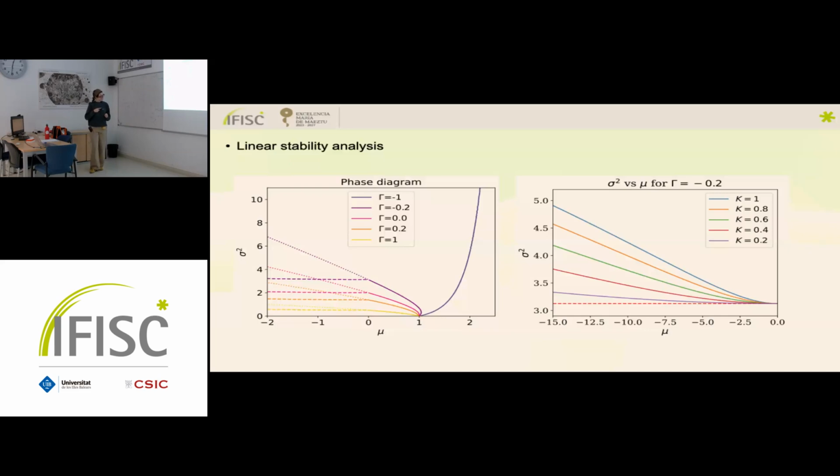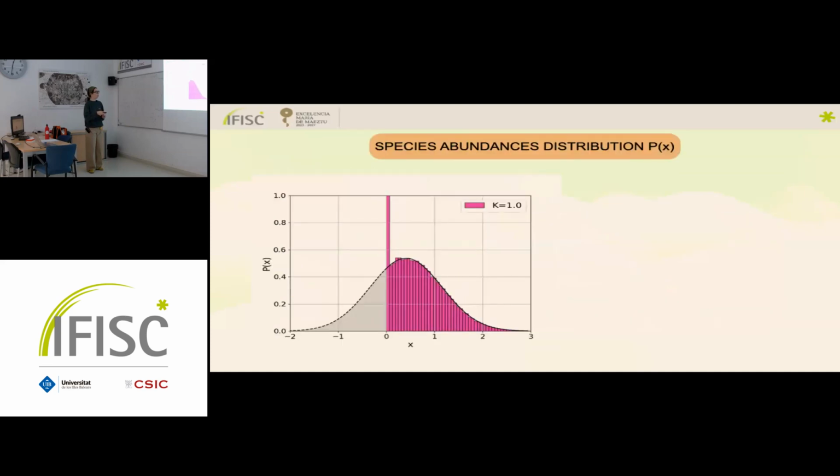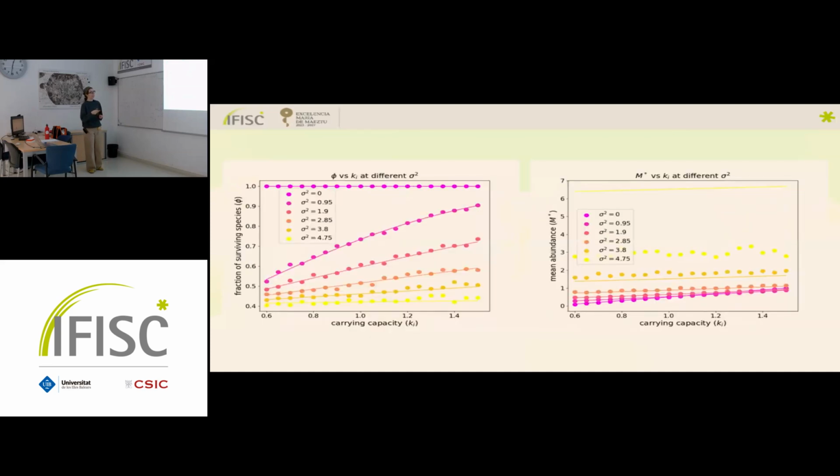And we can see that the instability line for this value of gamma is around 3 point something. So we can go back to our previous graph, and we see that for the two values in which the theory does not correspond with the numerical simulations, the strength of the interaction is above the linear instability values. So basically at that point, we really don't care what the system does because all the approximations that we did up until now are not working anymore.